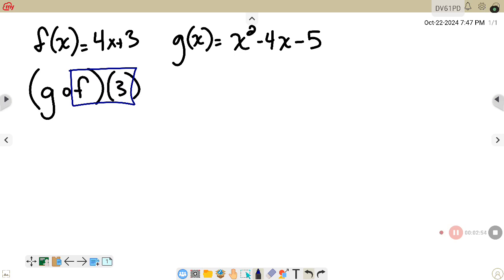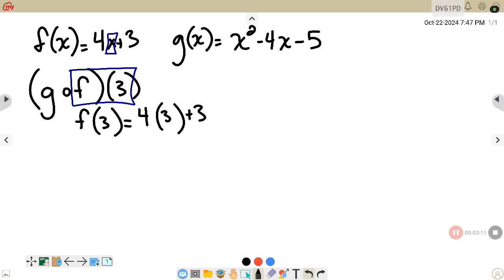In this case, I am finding f of 3, which tells me to go to the f function and replace its x with a 3. So I'll have 4 times 3 plus 3, which gives me 12 plus 3, which gives me 15.